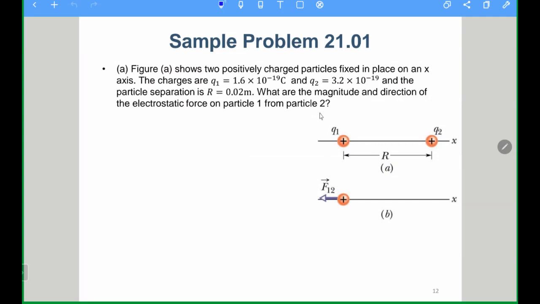Okay, so this one will be easy. We actually need to plug in the values into Coulomb's law. So we have F12 equals 1/4 pi epsilon naught times the absolute value of Q1 times the absolute value of Q2 over R squared.